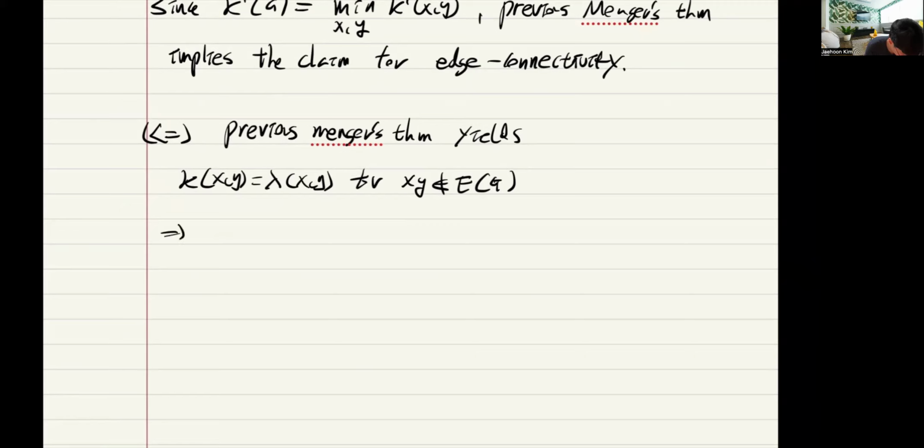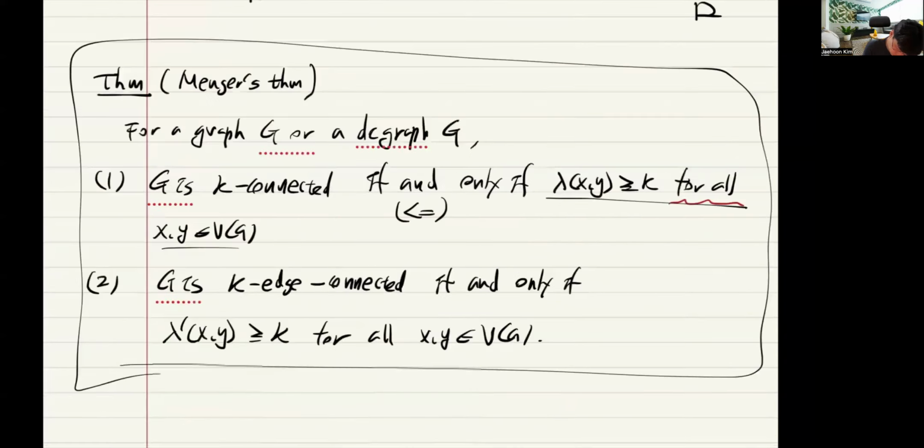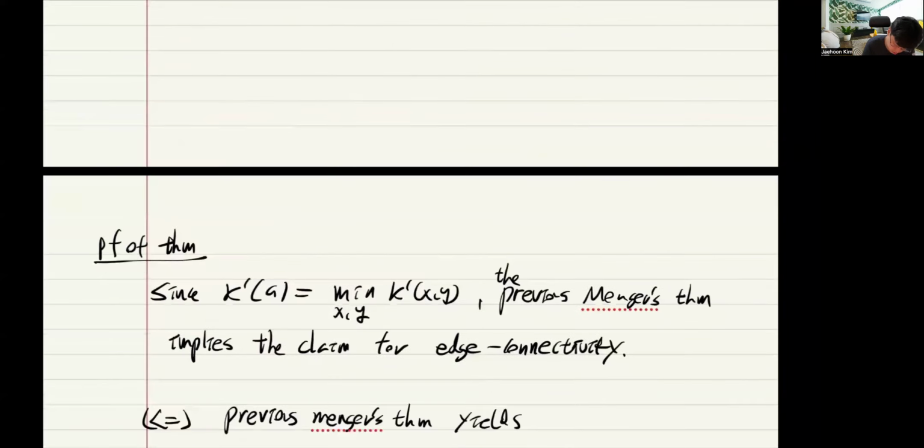So what? The connectivity is the minimum out of all non-adjacent xy of kappa xy. Because of this, and because of this assumption, we have that it is k-connected.